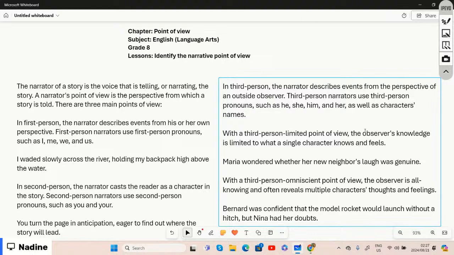Sometimes we become narrators if we retell the story, especially if we write reviews on the story. You become the narrator by narrating the story and giving your point of view or your perspective. So if you write reviews, you need to keep in mind: am I narrating it in the first person, the second person, or in my limited point of view, which is the third person?